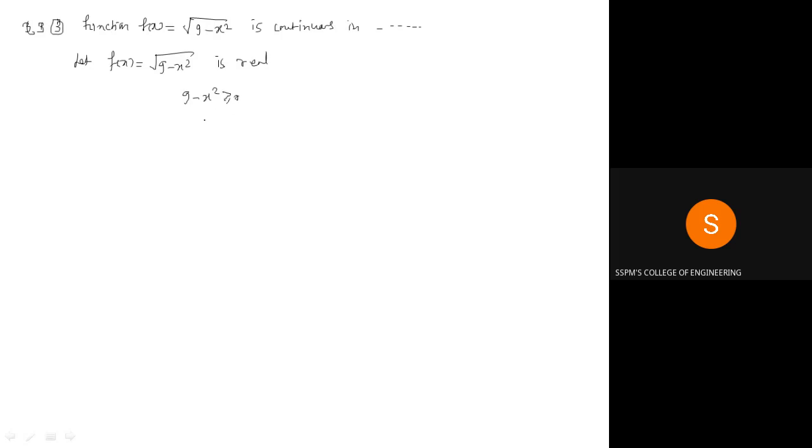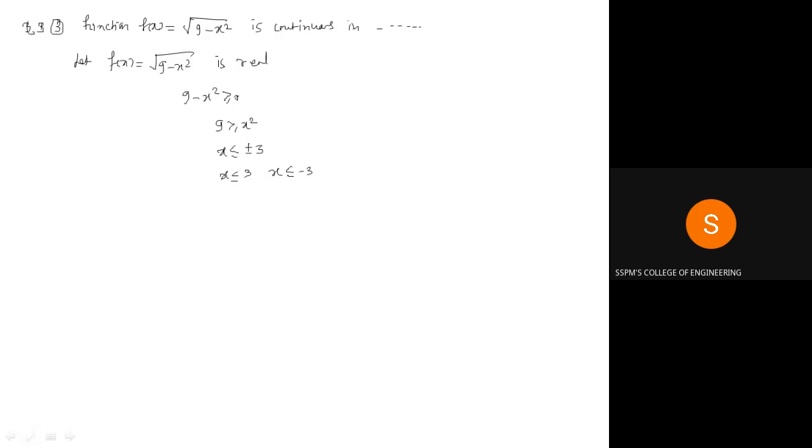That means 9 is greater than or equal to x square. Taking root on both sides, we get x is less than or equal to plus minus 3. Is it clear? That means x is less than or equal to 3 and x is less than or equal to minus 3.